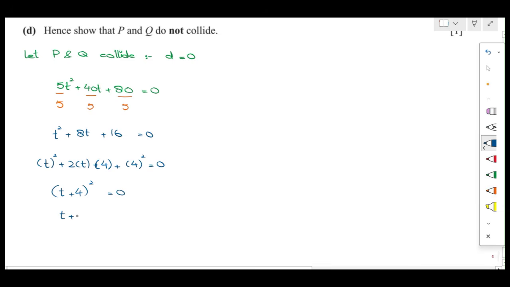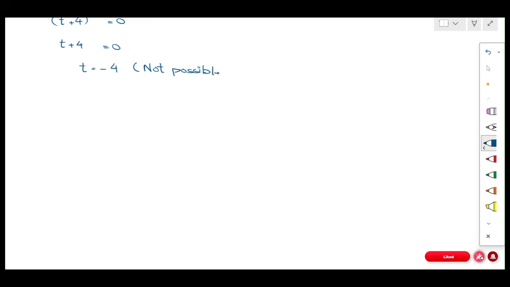This implies t plus 4 would be equal to 0, and we got t value equal to -4, which is not possible. This value is not possible because time is always greater than or equal to 0.